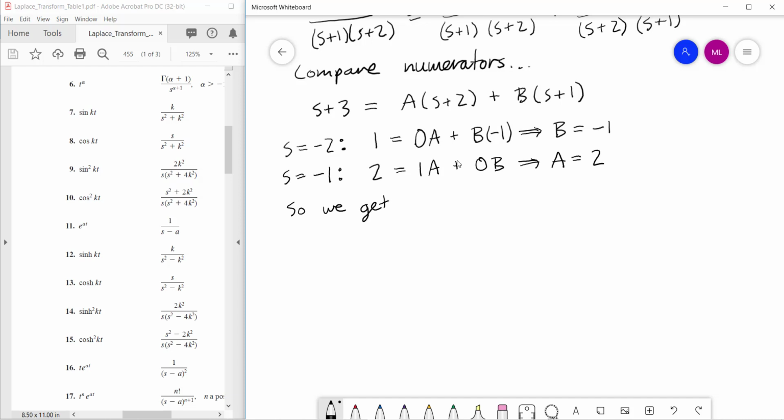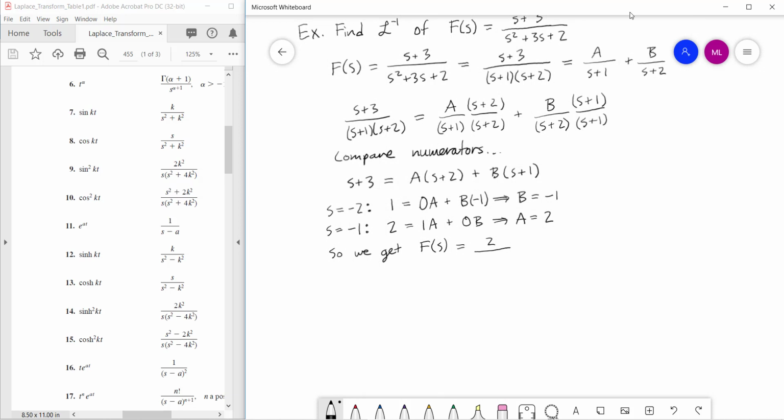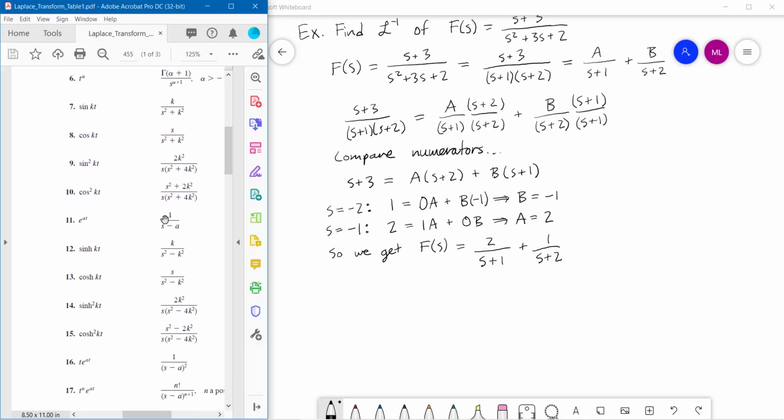And so we get an equivalent expression for f of s is 2 over s plus 1 plus 1 over s plus 2. And now we've got something that's in the form of our exponentials.